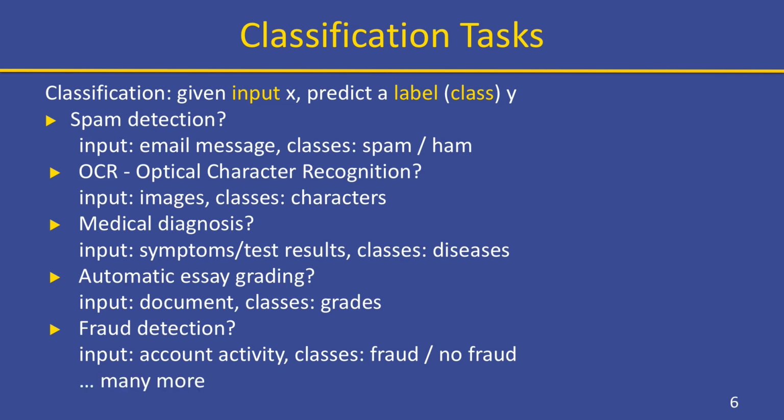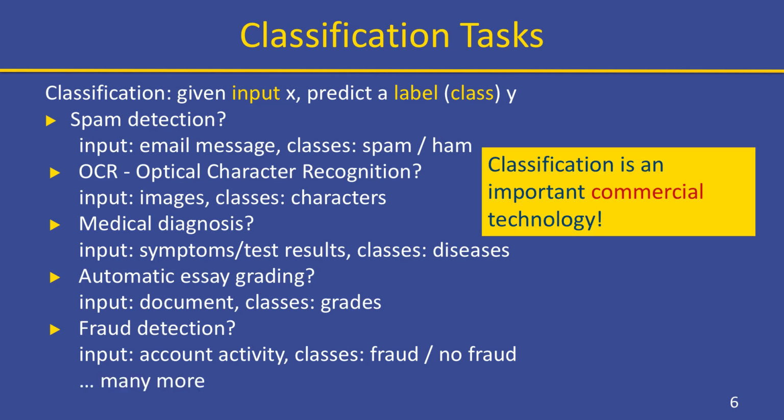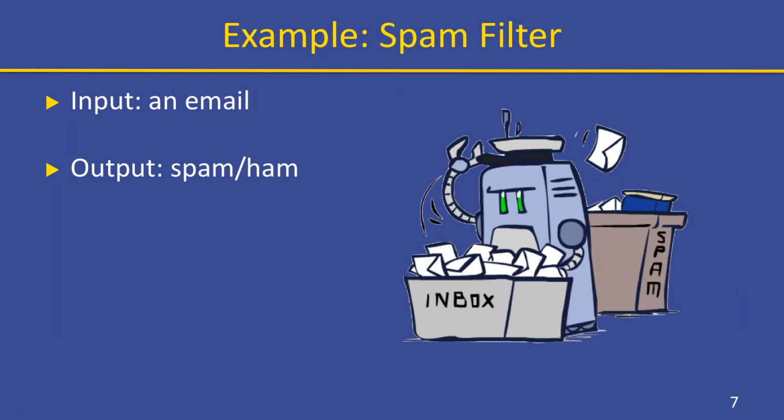And there are many more real commercial examples of classifiers. So classification is an important commercial technology. You don't have to be working at an AI company to be working on a classifier. Most commercial companies have real examples of classifiers that they're using.